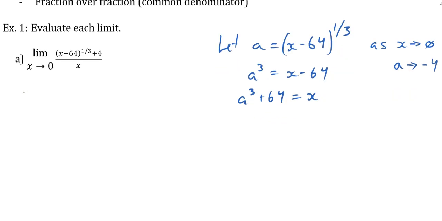So we change the limit statement. As a approaches negative 4, (x minus 64) to the 1/3 can be replaced with a, and x can be replaced with a cubed plus 64.